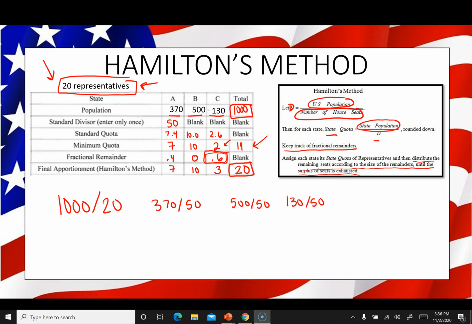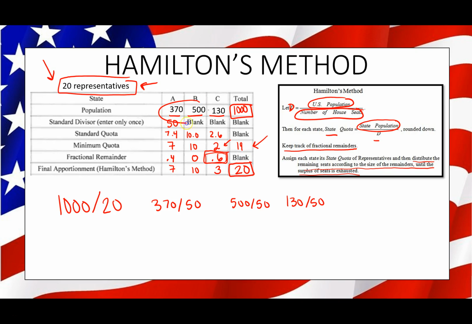As a reminder, we add up these values first, and that gives us our total value. To get our standard divisor right here, we take our 1,000 and divide it by 20. To get these values in this row, we take 370 divided by 50, then 500 divided by 50, then 130 divided by 50.